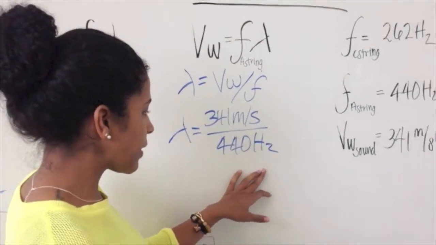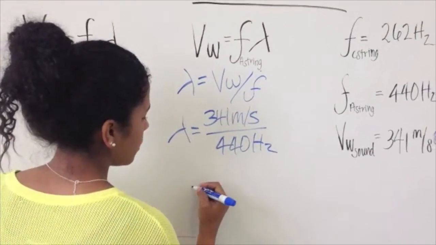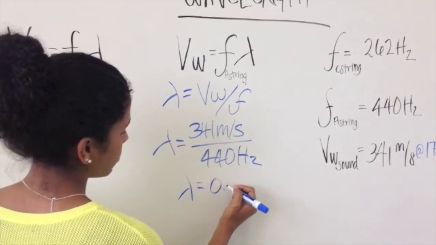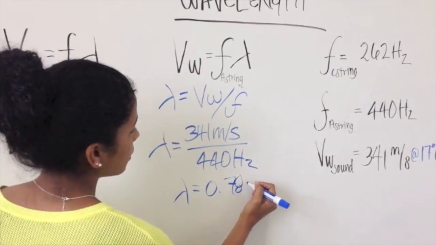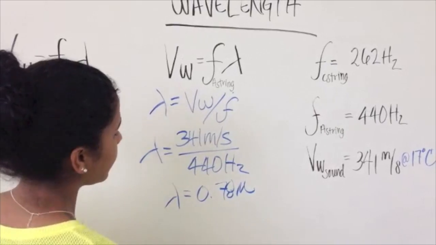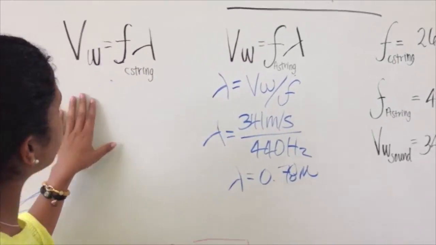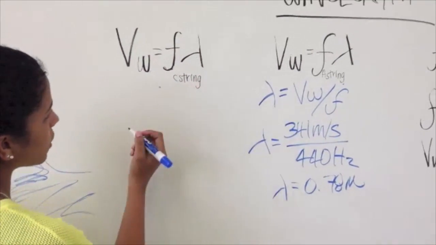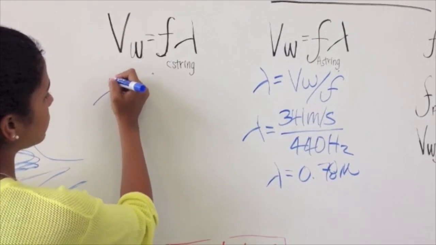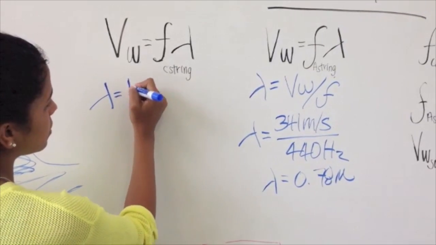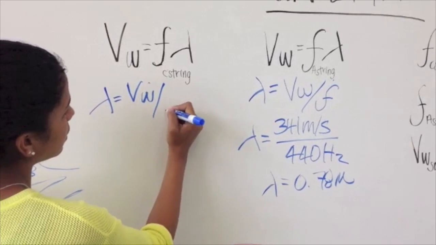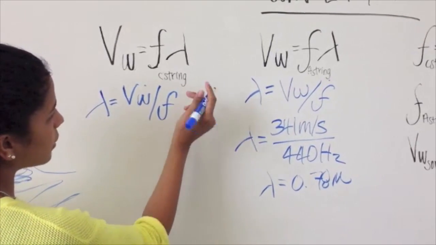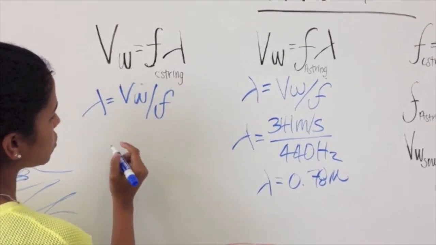So once you do that calculation, you get 0.78 meters. Okay? So now we can go ahead and solve for the C string. Again, let's solve for our variables first. Wavelength equals the speed of sound divided by the frequency of the C string.